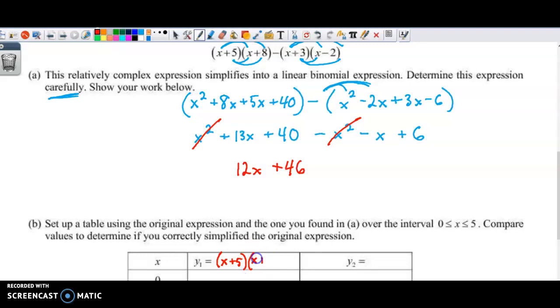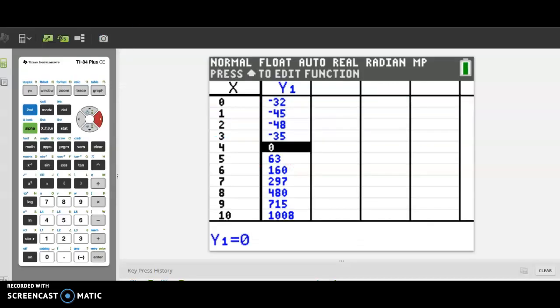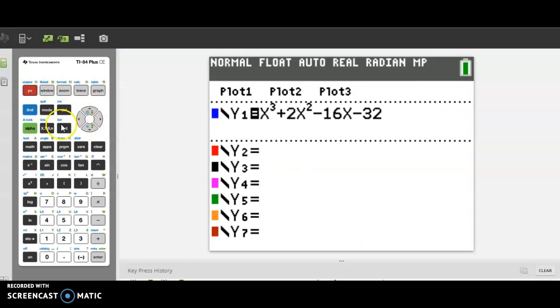So the original problem, just type that in carefully into the calculator. And then the y2 equation, we're going to just write out what we think it is. And hopefully I did it right, otherwise this is a waste of time. Yeah, so back to y equals, clear that out.